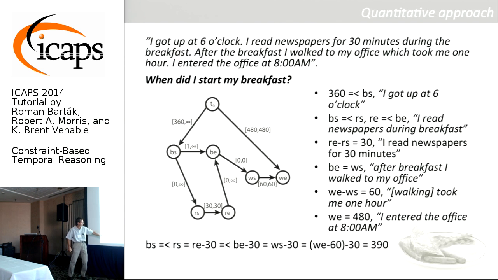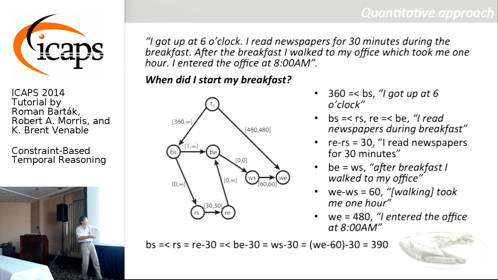So BS is more than RS. That's here. RS equals RE minus 30 from this relation. What I can do, RE is before BE, so that's this relation. BE is the same as WS, as this step. What's next? WS is WE minus 60 from this relation.